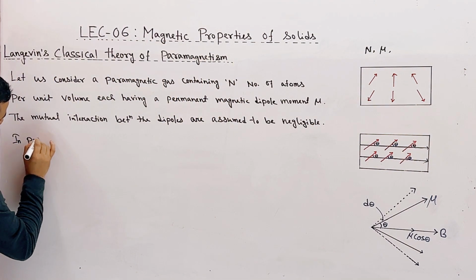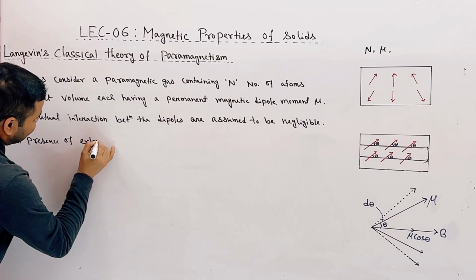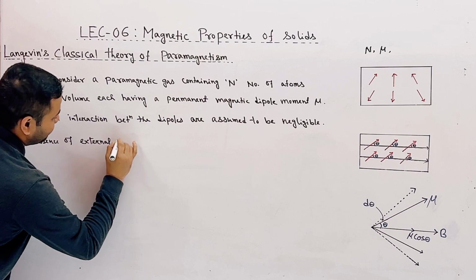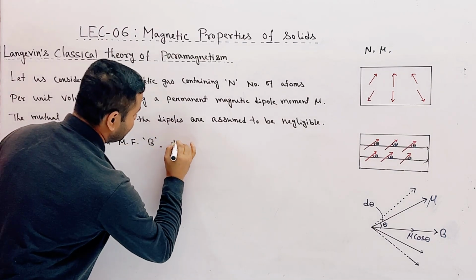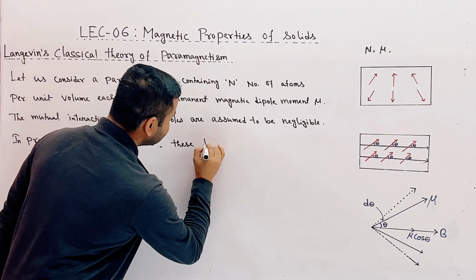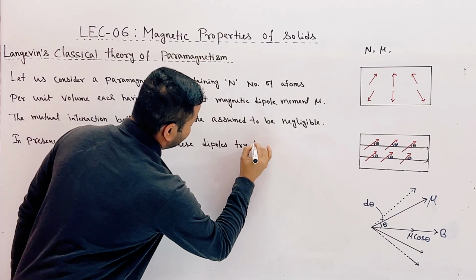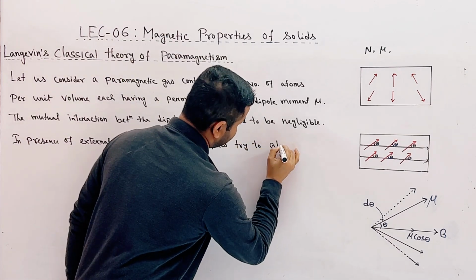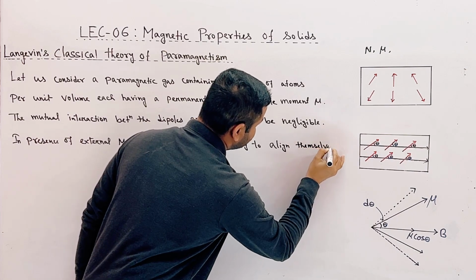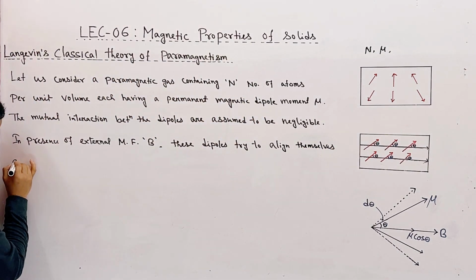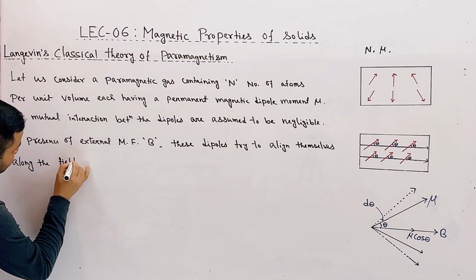In presence of external magnetic field B, these dipoles try to align themselves along the field direction.